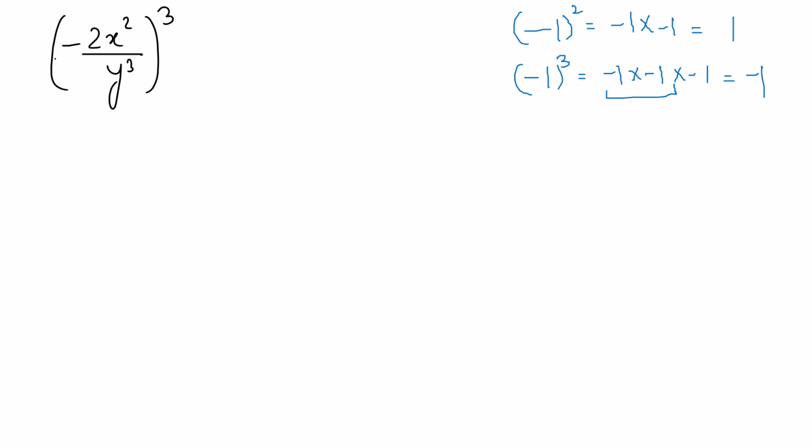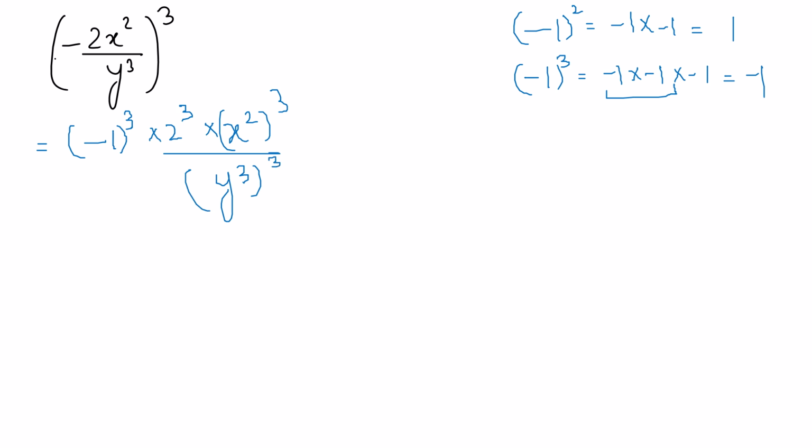The same thing goes here. In this one, minus remains minus 1, let's say. So it becomes minus 1 cube into 2 cube into x square to the whole cube over y cube whole cube, right?